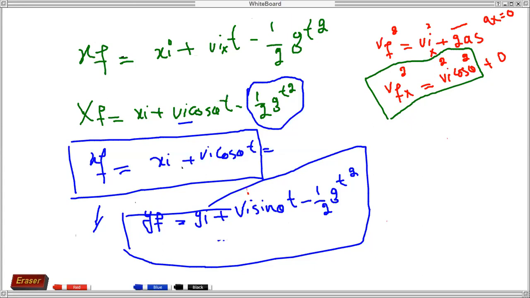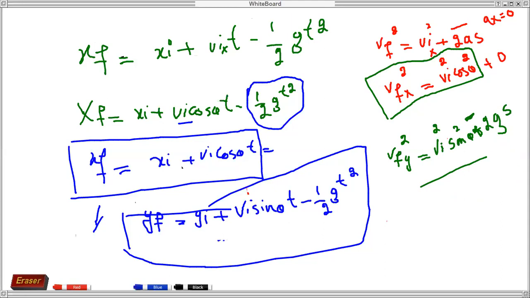What about the third equation for vertical motion? vfy whole square equal to viy square, which means vi square sine square theta, plus 2 times a times the displacement. This will be minus because a is equal to minus g, so minus 2g times (yf minus yi).